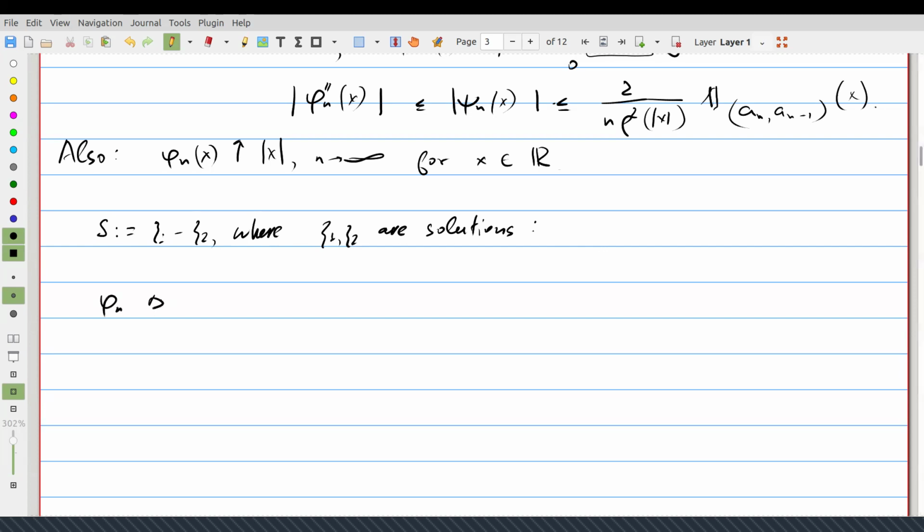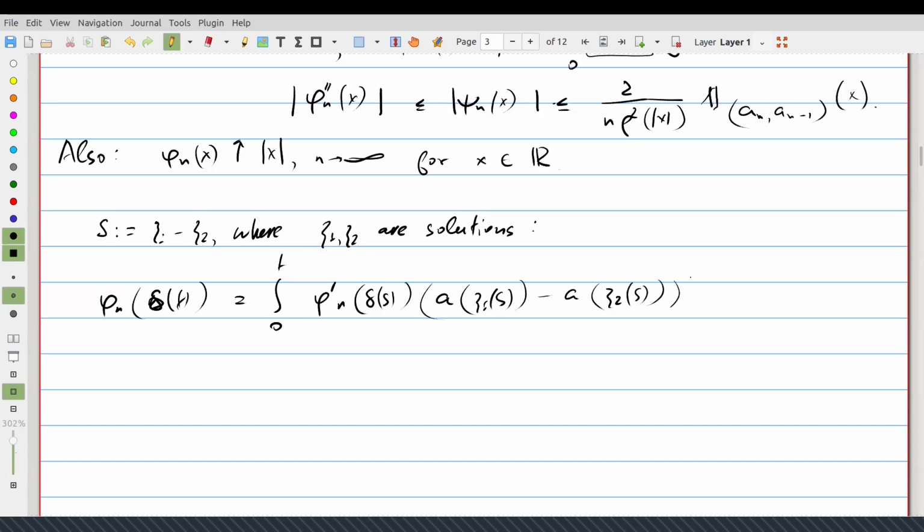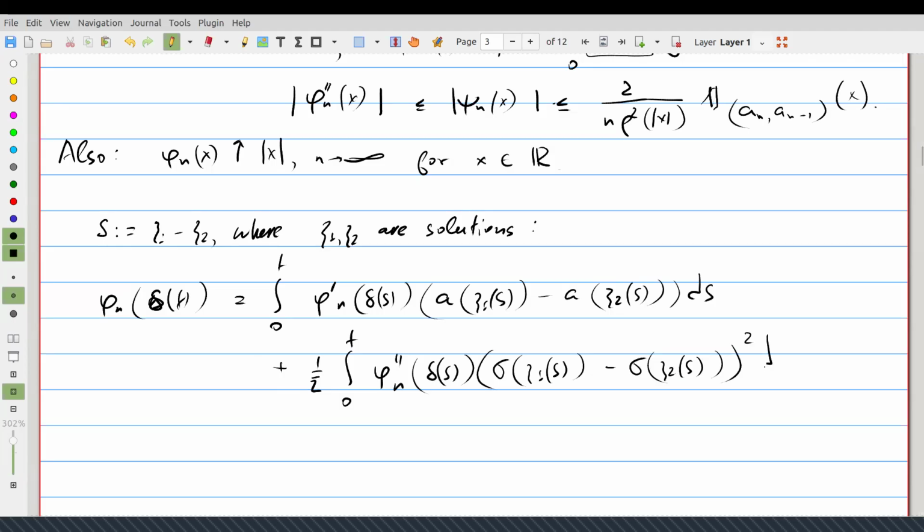And then phi_n of delta of t is the integral from 0 to t of the derivative at delta of s times a of psi1 of s minus a of psi2 of s, plus a stochastic part, plus a correction, which involves the second derivative and sigmas squared, and a stochastic part, which uses the first derivative and first powers of sigmas.